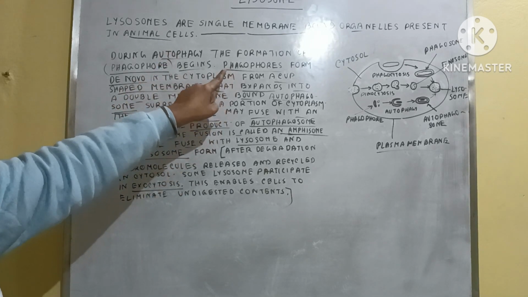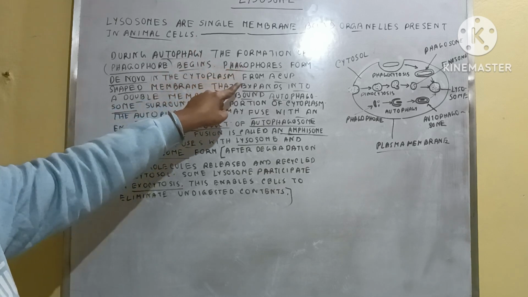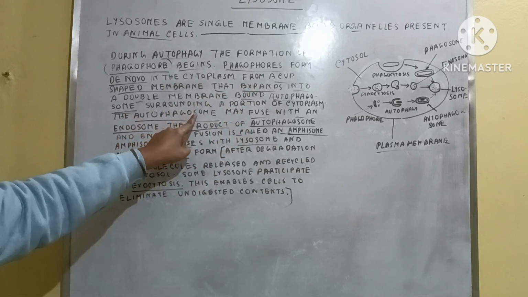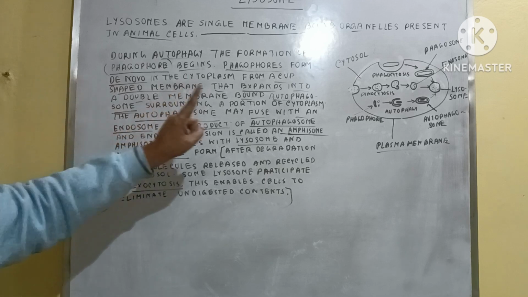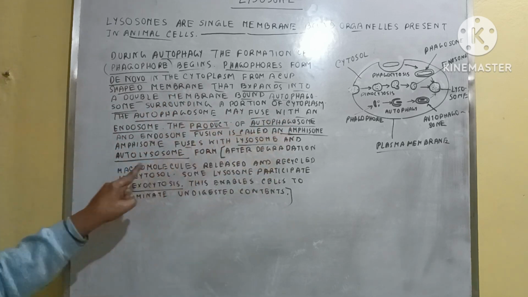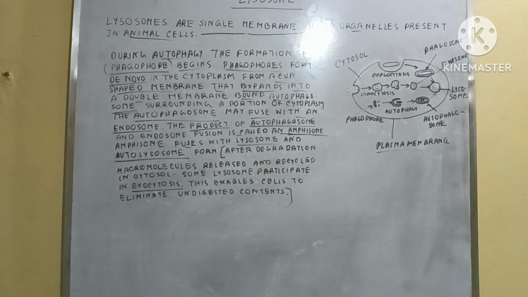So what is seen here? Phagophores first form, then expand in size to form the autophagosome. These fuse with the endosome to form the amphisome. These fuse with the lysosome to form the autolysosome. Clear?